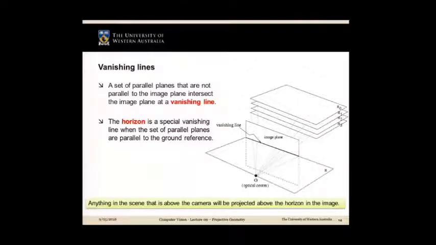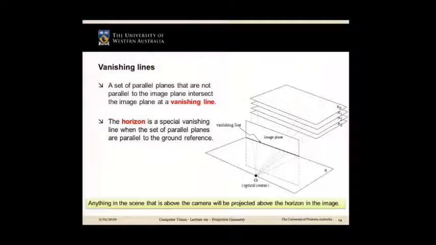Okay, now coming to the planes, a set of parallel planes that are not parallel to the image plane intersect the image plane at a vanishing line. So the two lines converge at a single point. Parallel planes converge to give you a line. So that's a reduction in dimensionality, right? So the horizon is a spatial vanishing line when the set of parallel planes are parallel to the ground reference, right?